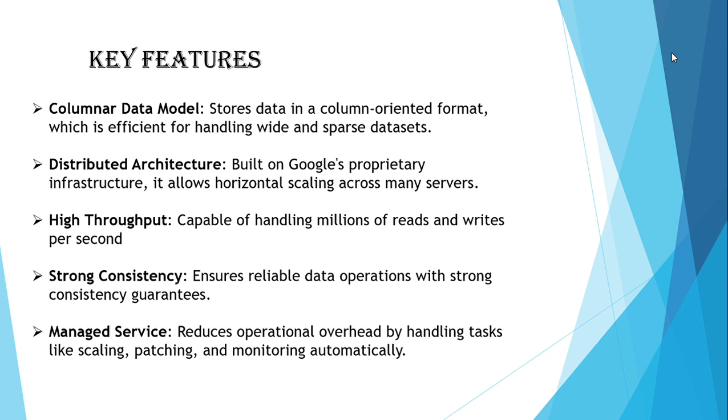High throughput, capable of handling billions of reads and writes per second. Strong consistency, ensures reliable data operations with strong consistency guarantees. Managed service, reduces operational overhead by handling tasks like scaling, patching, and monitoring automatically.